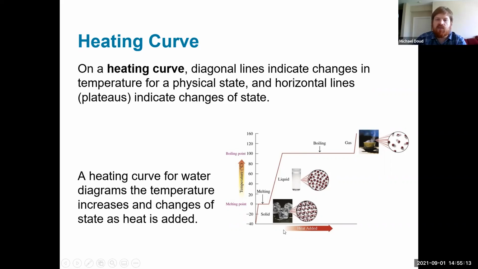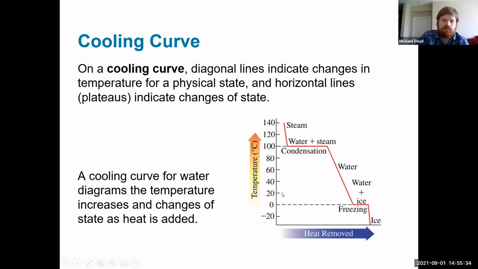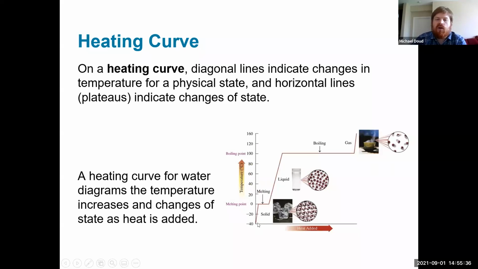So the x-axis here, think of it as the heat added, and you're starting from 0, and you're going basically slowly adding heat. And as we increase the amount of heat that's added, we're going to change from a solid to a liquid to a gas. And the other thing that's going to change is the temperature. So we start from a solid, right?